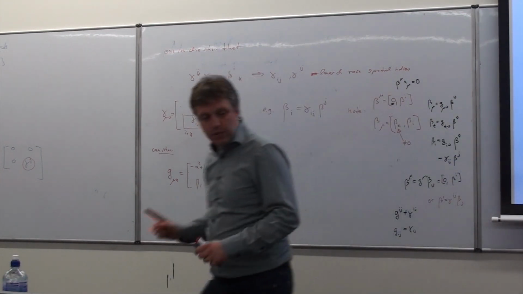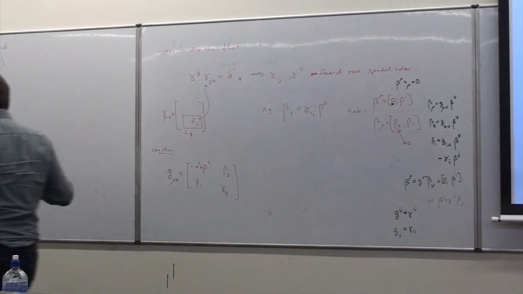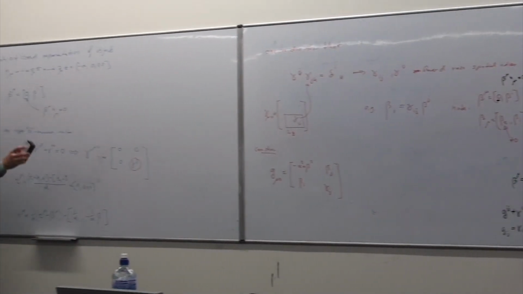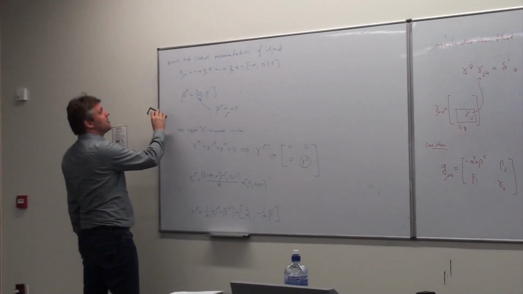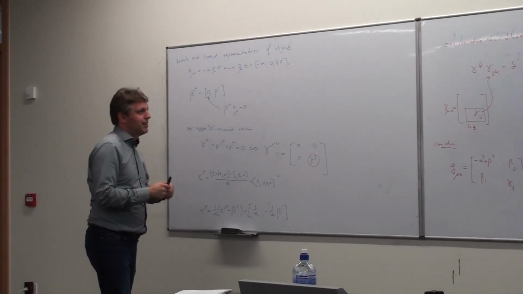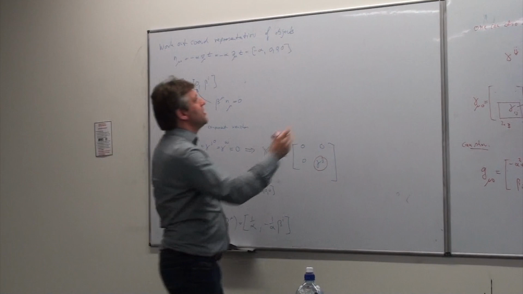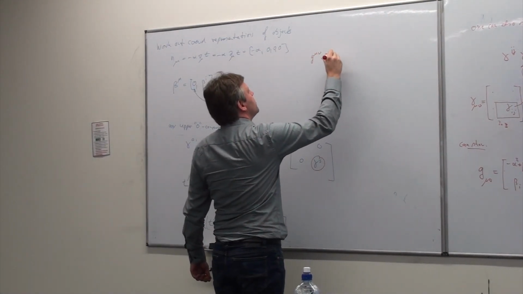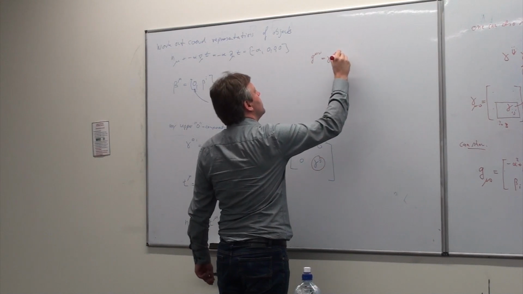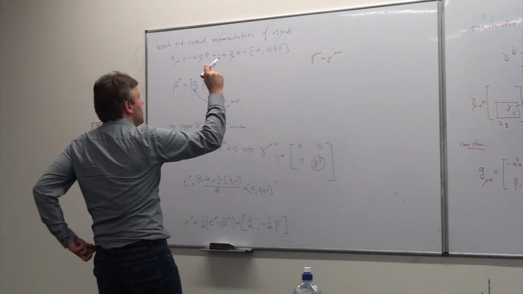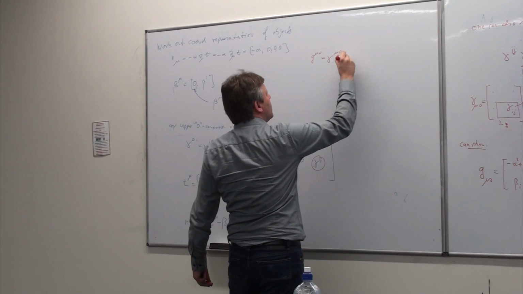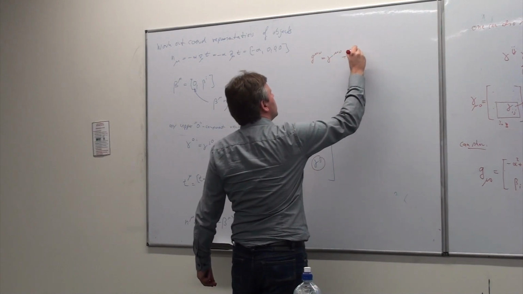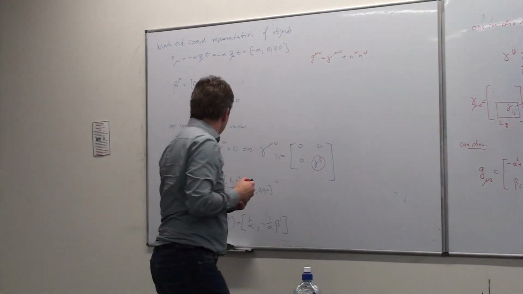I will regret this, but I'm doing it anyway. I don't have this in my notes, but since you're asking about this, let's try to compute g with upper indices. This is gamma with upper indices plus, and is there a plus or a minus?